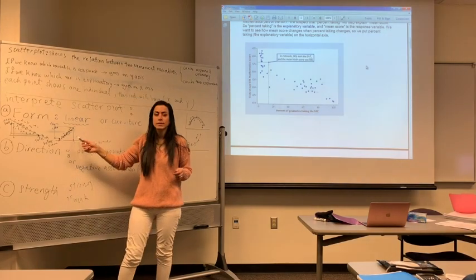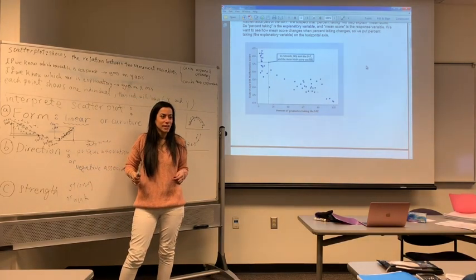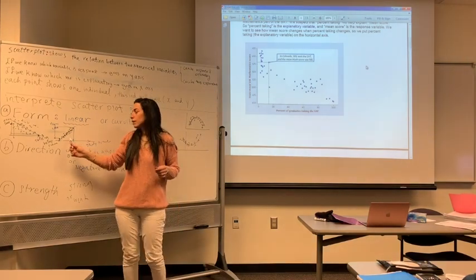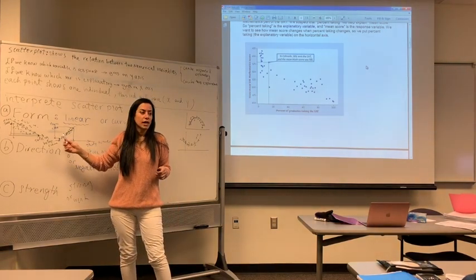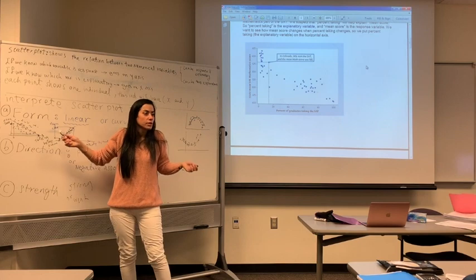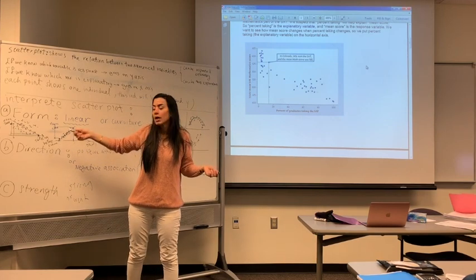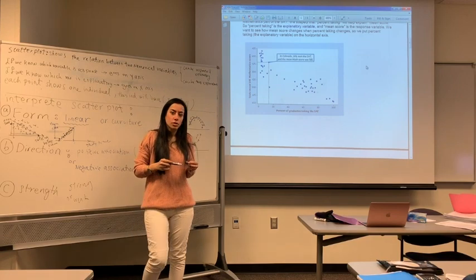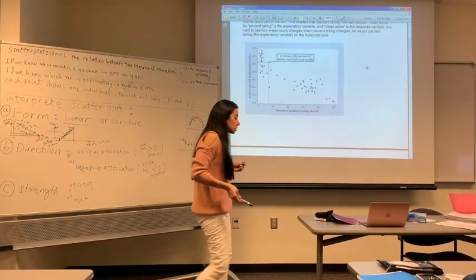So you see that it doesn't matter what the direction of a scatter plot is, we still can talk about strength. Here the direction was positive and I have a strong relation, but I could have a positive direction and a weak relation, right?